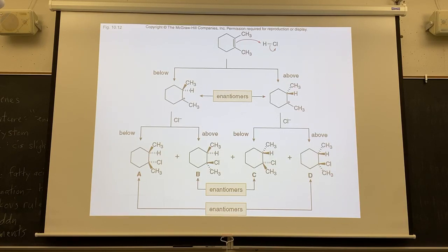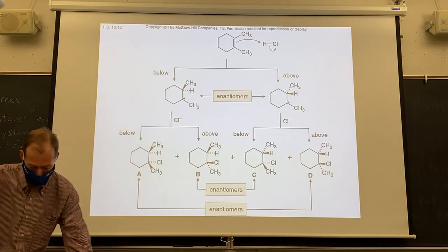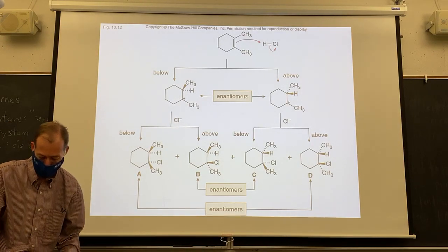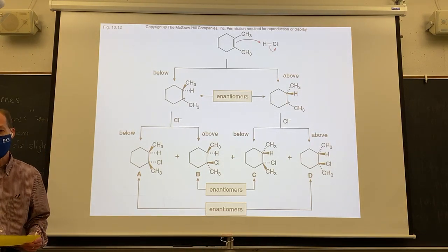I'm not going to go into the detail now, but it is important to understand this principle: although the products will be formed racemic, because the carbocation is chiral in this case, when we form this second stereocenter, that is formed in a diastereoselective process with a major diastereomer and a minor diastereomer. So that was not mentioned in the book, unfortunately, but it is an important point that we need to understand.